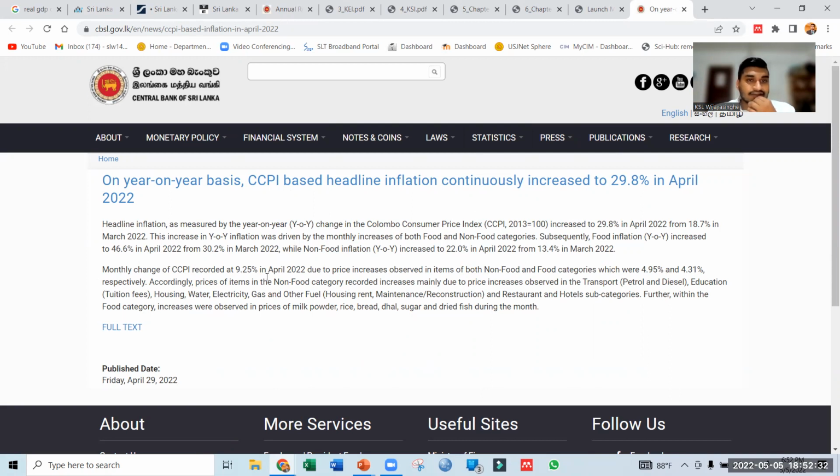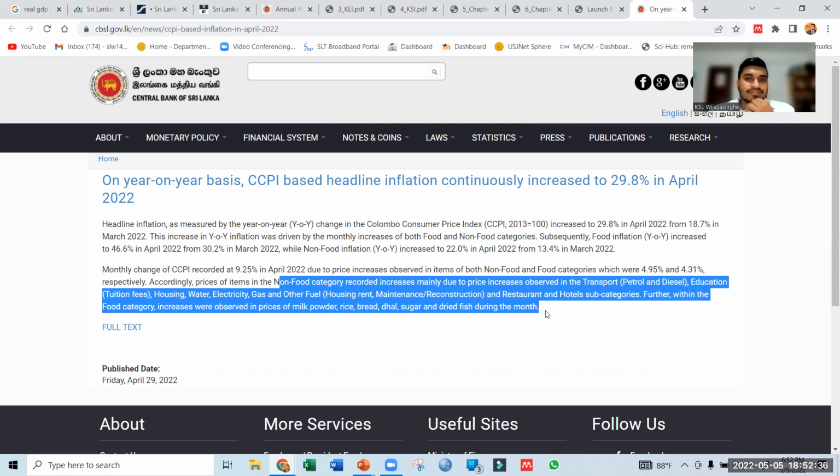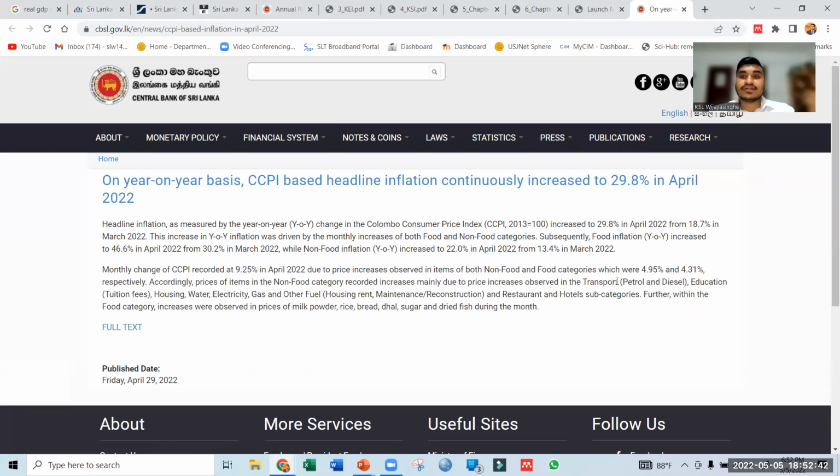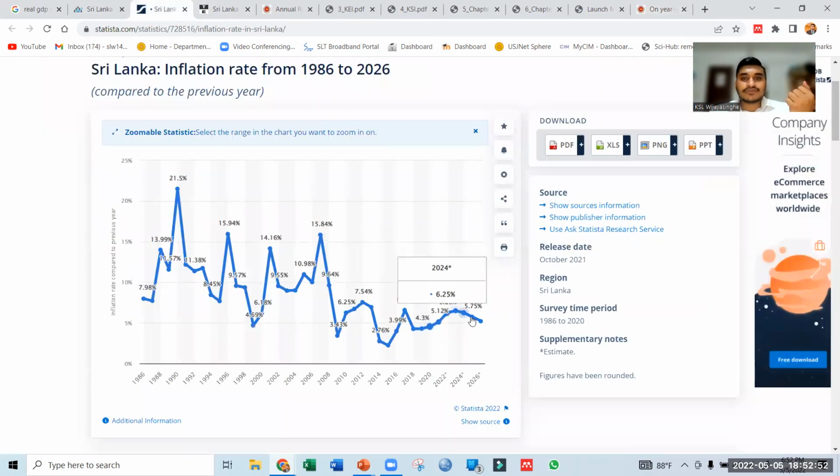Accordingly, prices of items of non-food category recorded increases. The reason for this price increase is given here. Transport, petrol, diesel have gone up, education, tuition fees and so forth are all given. So now this 29.8, but if we take the information here, like 5.2, 6.5, what does this mean?